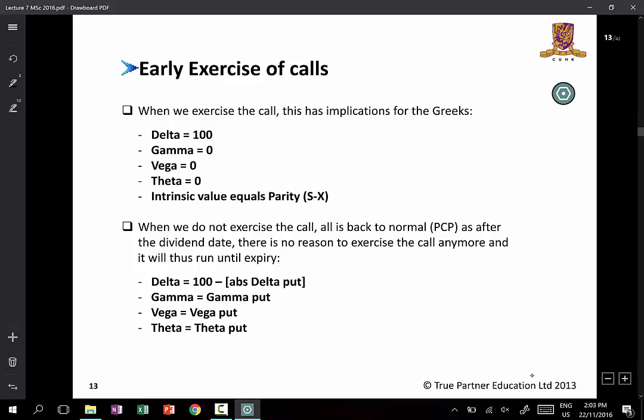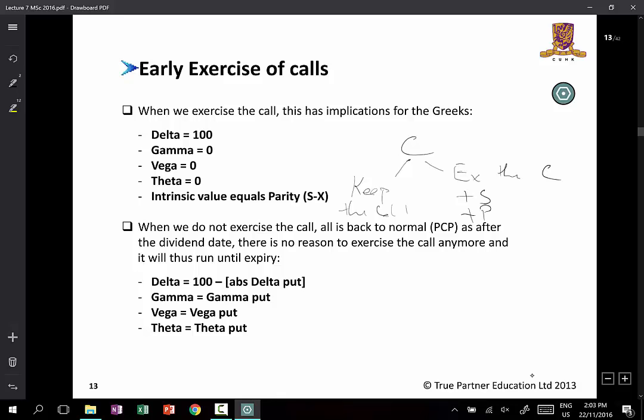What we are talking about here is you have a call option, an American call, and the choice is between whether you keep the call or you exercise the call. When you exercise the call, that means you're going to buy the shares, and then you're going to hedge it with a put.